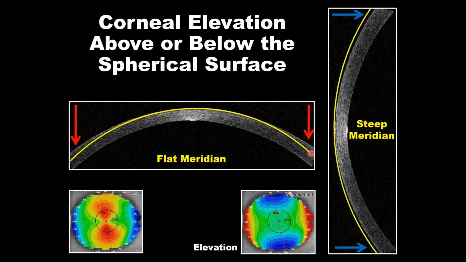So the best fit sphere has fallen below the elevation of the cornea. That creates red. Where you see the blue, that's where the elevation sphere is above the corneal elevation. That's here and here, as you can see on this image at 12 and 6 o'clock. So the elevation map is going to tell you about height, and that is the real story in contact lenses.